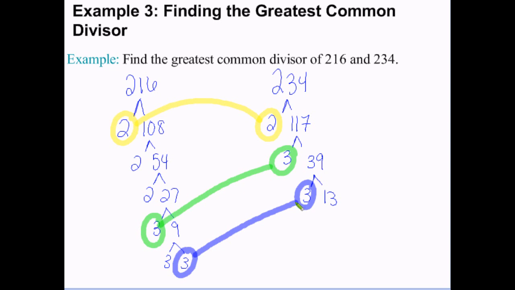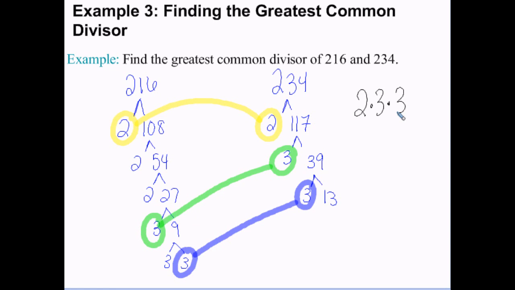Okay, those are the numbers that they have in common, and I ignore everything else. What they have in common is a 2, a 3, and another 3. I only write them down one time each, with one number for each pair.